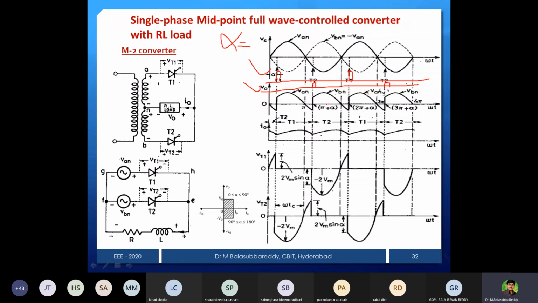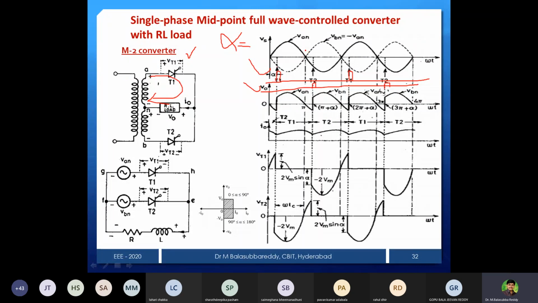Then how do you get the output? As usual, during the positive cycle, thyristor T1 is forward biased, like a resistive operation, and current will pass like this. The inductor stores energy, plus on this side and minus on this side.